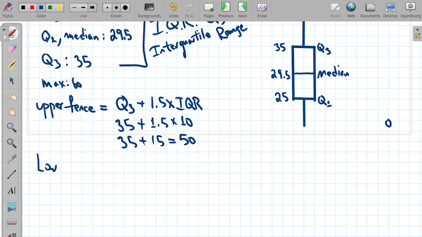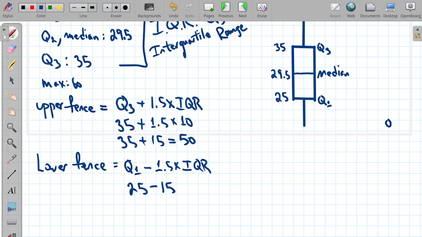So here we have the lower fence. Now this will be Q1 minus 1.5 times the interquartile range. So Q1, I said, was 25, and we know the IQR is 10, and 1.5 times that is 15, so this gives us a lower fence at 10.